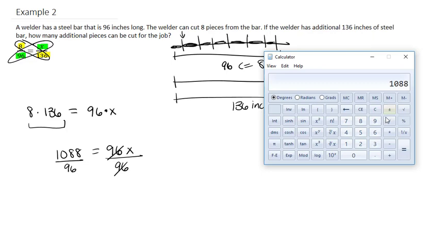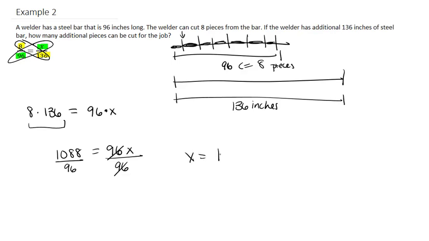So we take our number divided by 96 and it gives us 11.33. So we would say that this welder could really cut just 11 more additional pieces from the 136-inch bar, and he would have some leftovers, as the 0.33 is a fraction of the bar that we were hoping to attain of a full one.